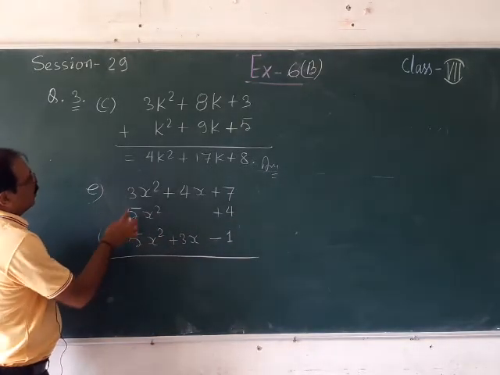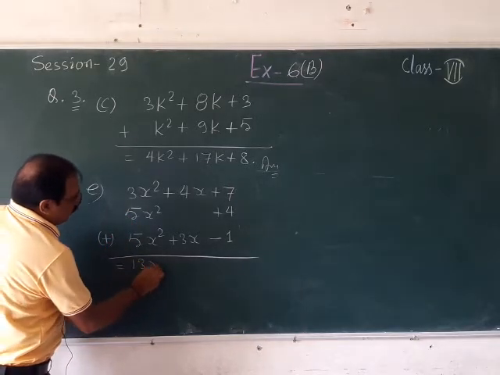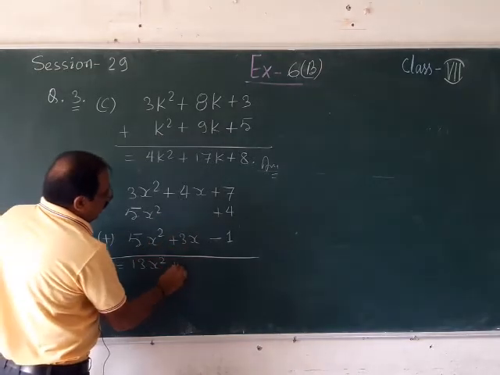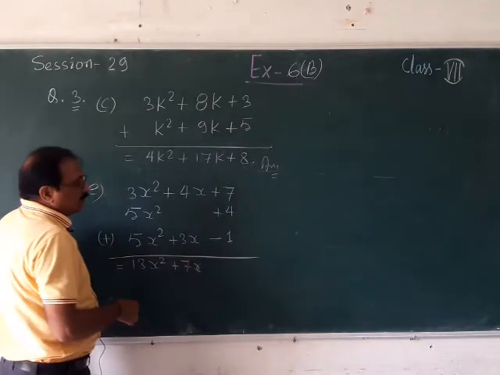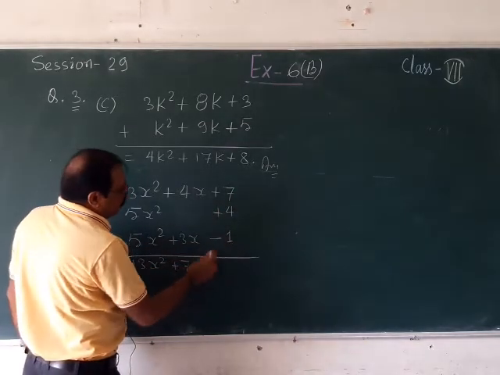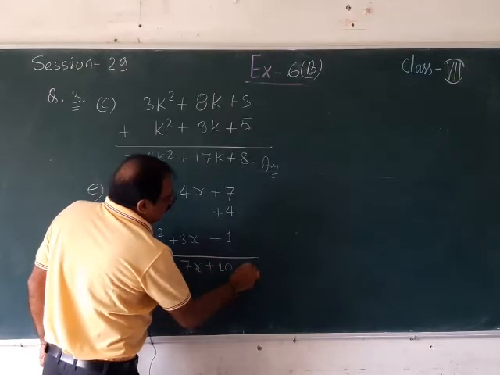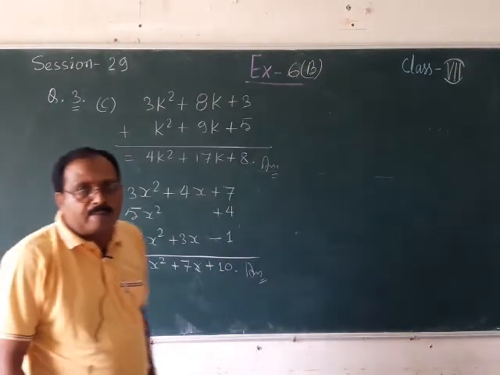Now I can add 3 plus 5 plus 5, that becomes 13. So I can write 13x square, then 4 plus 3 I can write 7x, and 7 plus 4 becomes 11, and 11 minus 1 becomes 10. So here I can write plus 10, and this becomes my answer. So this is the column method.